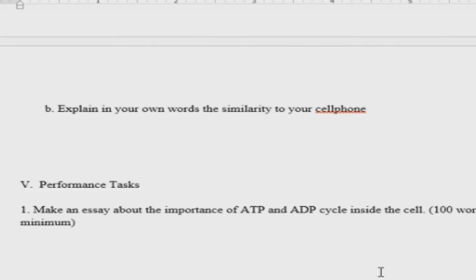For our activity today, I want you to make an analogy on the similarity of this ATP ADP cycle to your own smartphone or cell phone. Since we are all familiar with using our cell phones today, please make an analogy or compare the ATP and ADP cycle to your cell phone.